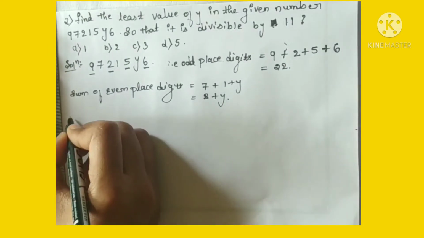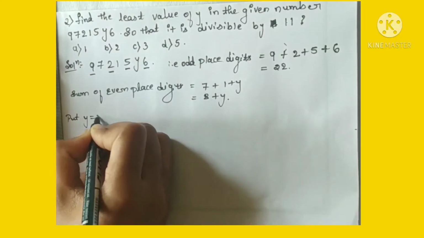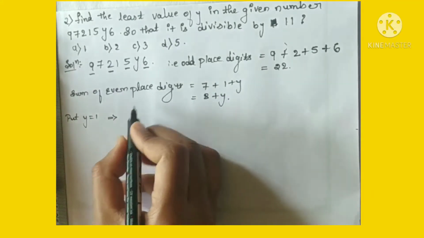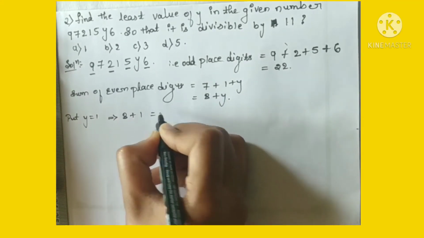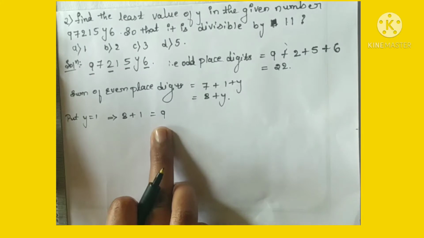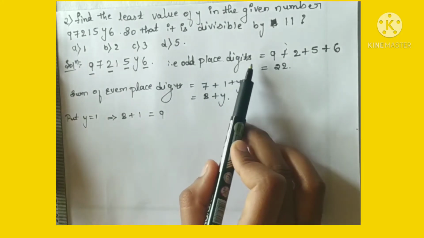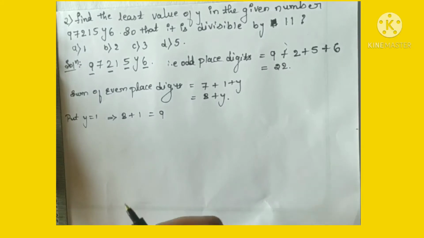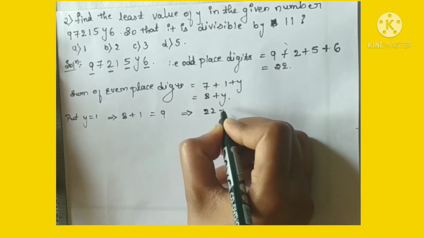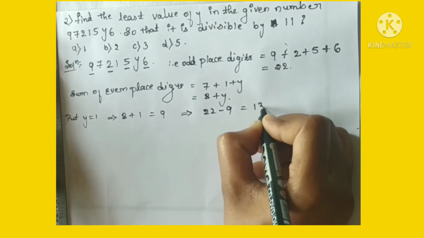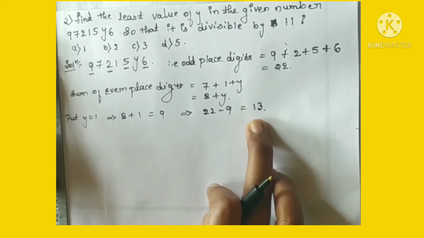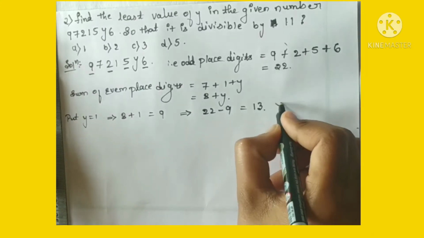So I put y is equal to 1 from option A. Then the sum of the even place digits becomes 8 plus 1, which is equal to 9. When I take the difference between the sum of the odd place digits and the sum of the even place digits, it becomes 22 minus 9, which is equal to 13. This 13 is not a multiple of 11 and it is not equal to 0. So option A is wrong.